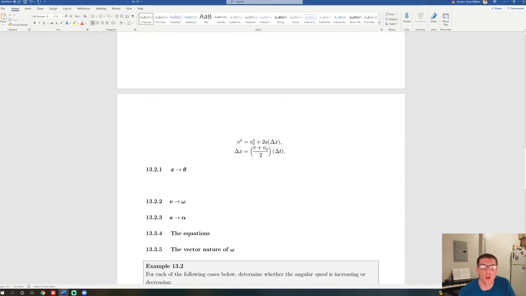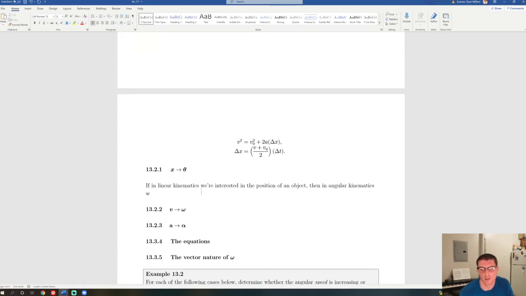Okay, so what I want to say is that if in linear kinematics we're interested in the position of an object, then in angular kinematics we're interested in the angular position or displacement, right, of an object.